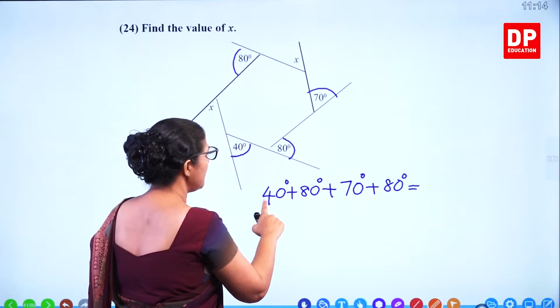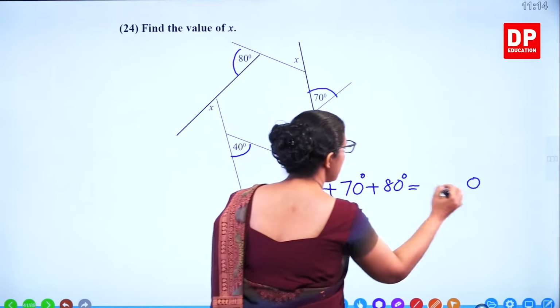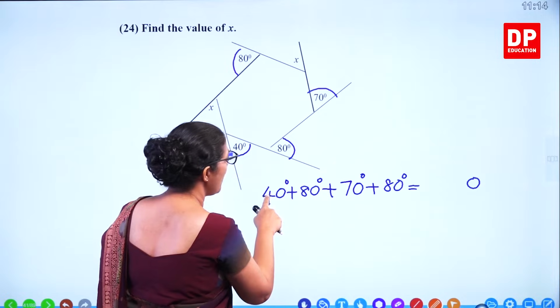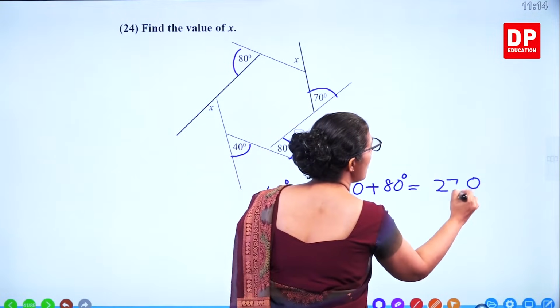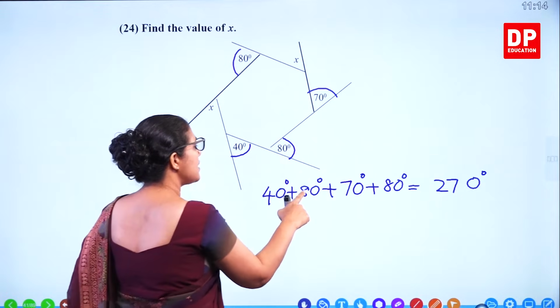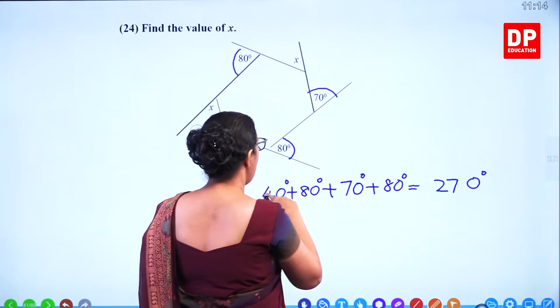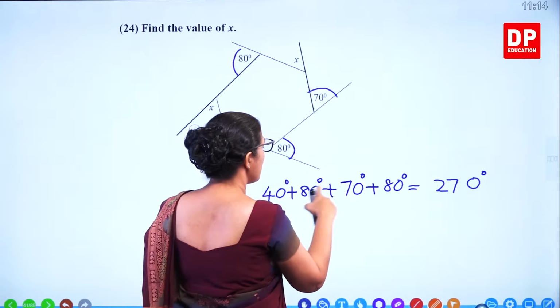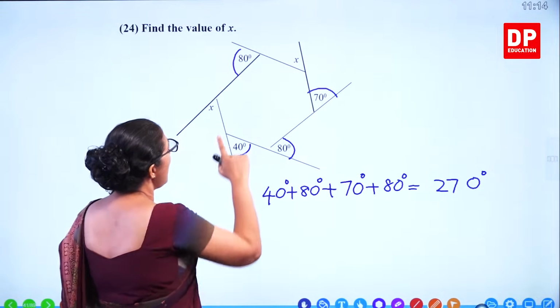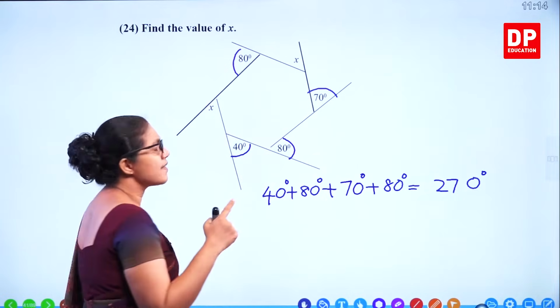And what's the answer? 270. The remaining angles are 2x, x and x.